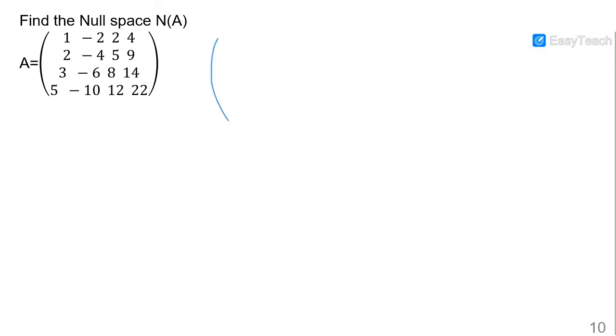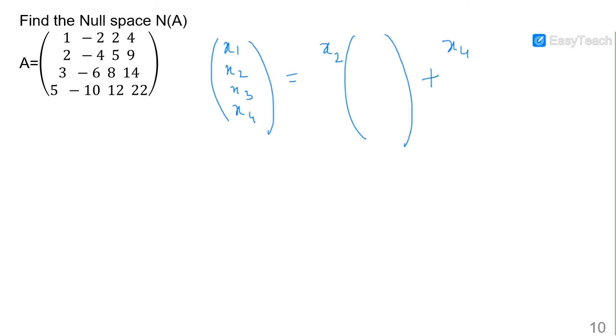Let me put it as x1, x2, x3, x4. The free variables are x2 and x4. So x1 is equal to 2 times x2 minus 2 times x4. x2, this is 1, 0 and x3 is minus x4. x4 here it is 1.